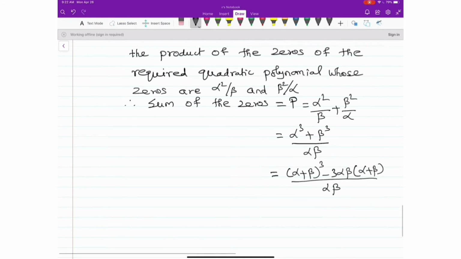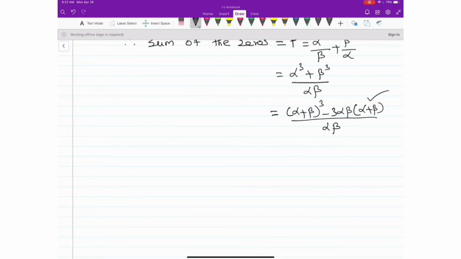I will tell you how to get this formula. I will write over here inside the bracket, since alpha plus beta the whole cube is equal to alpha cube plus beta cube plus 3 alpha beta into alpha plus beta. This identity you would have learned in your previous classes.